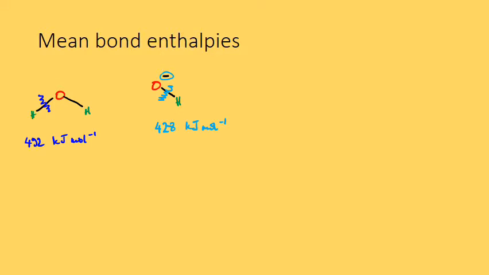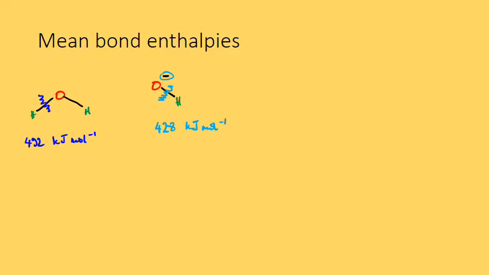The oxygen has some negative charge associated with that extra electron, the electron that is pinched off the original hydrogen, and that weakens the bond between the oxygen and the remaining hydrogen. And if that weakens that bond, it's going to take less energy to break it, hence 428 kilojoules to break a mole of those bonds, compared to 492 kilojoules to break an oxygen-hydrogen bond in an unbroken water molecule.